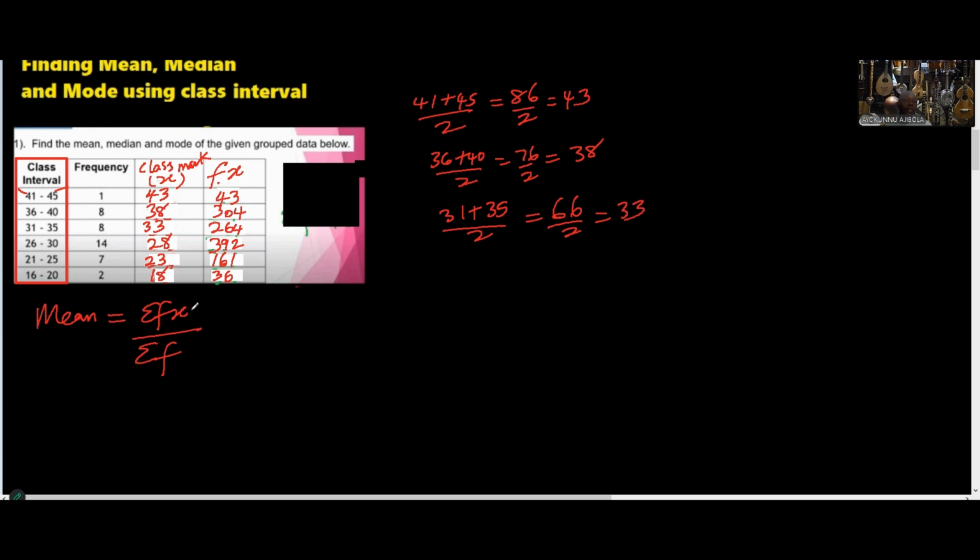Summation fx is the addition of all the individual numbers themselves, like we said 43 occurs 1 time, 38 occurs 8 times, 33 occurs 8 times, 28 appears 14 times, 23 appears 7 times, and 18 appears 2 times. So if I add 18 plus 18, plus 23, 23, 23 in 7 places, then 28 in 14 places, whatever, the answer is going to be the sum of all these numbers. Is that clear?